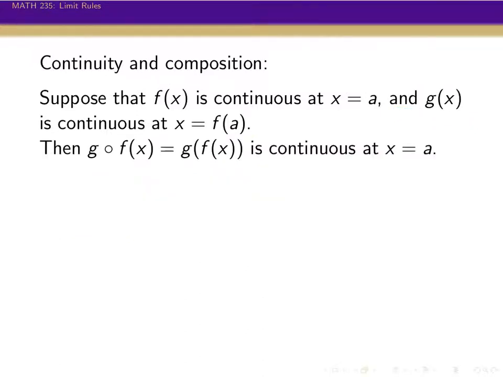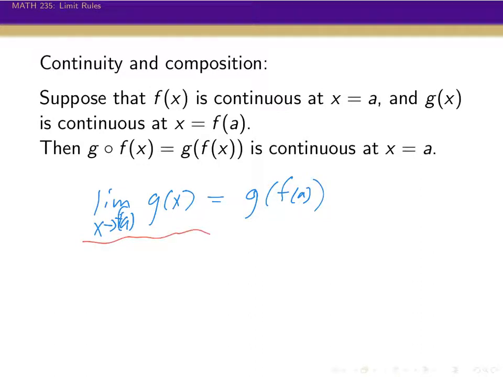Well, what we can do is we can then take the composition of these two functions. So g of f of x is also going to be continuous at x equals a. Right? Really all that we're doing here in this statement is we're replacing this limit here.